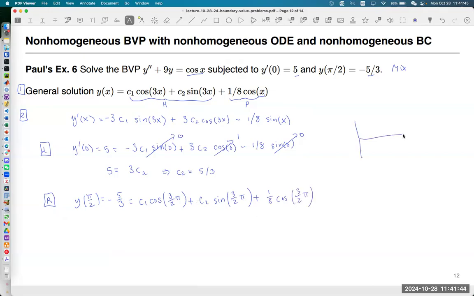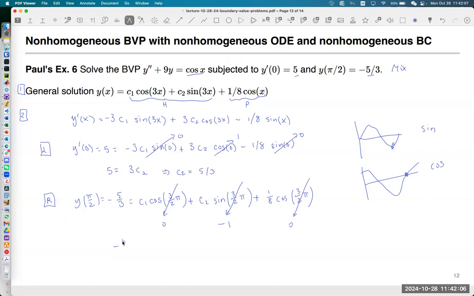And then to simplify this, again, I don't know everything, so I'll just draw it out. This cosine, this is sine. So at 3 over 2 pi, this is 1.5 pi, so it should be here. So sine should be equal to minus 1, cosine should be equal to 0.